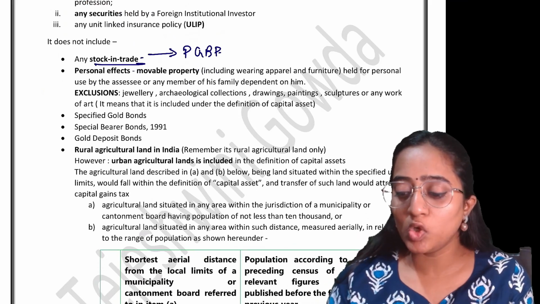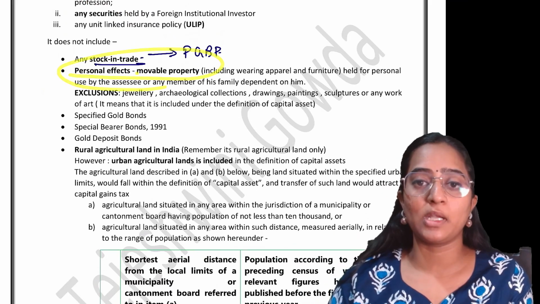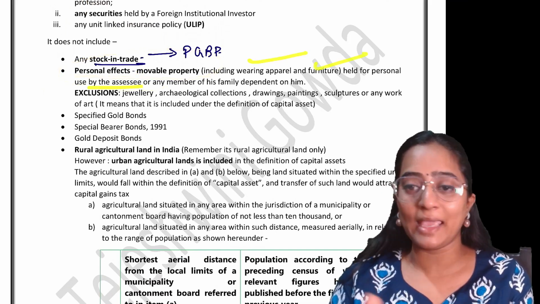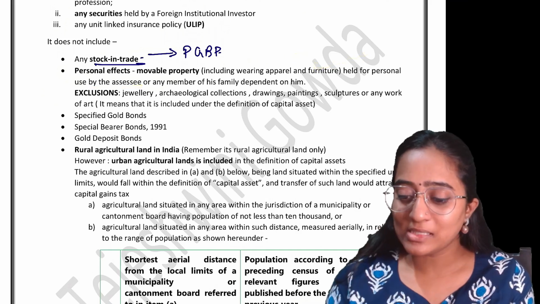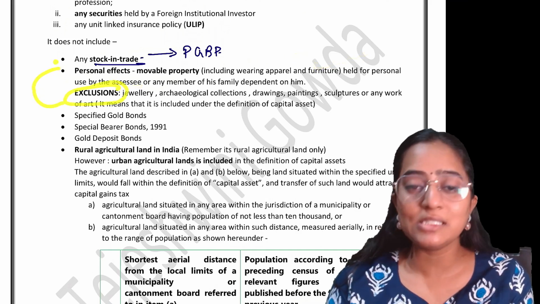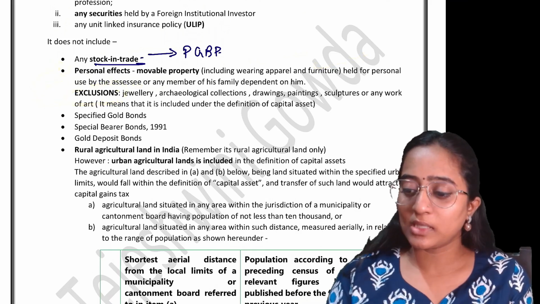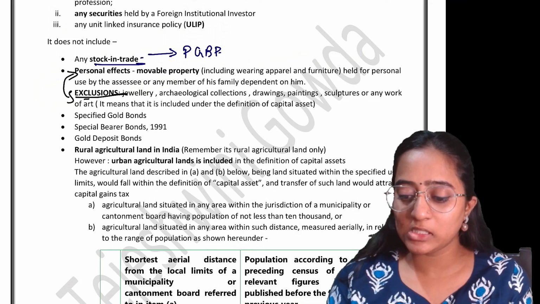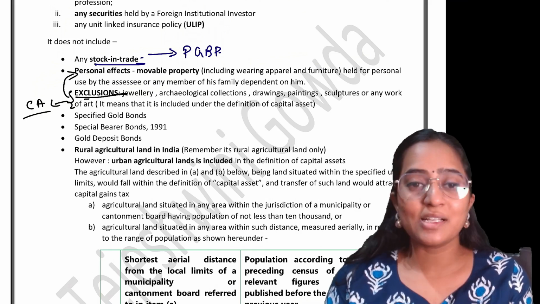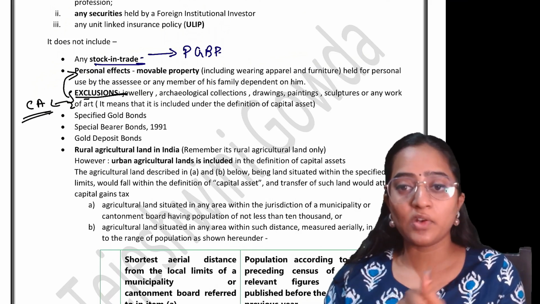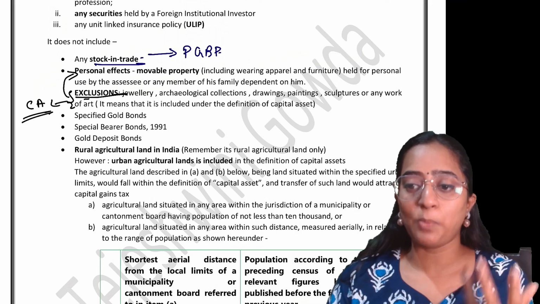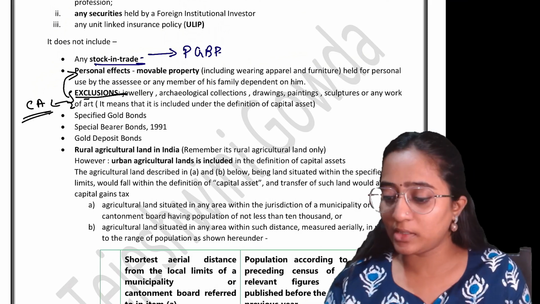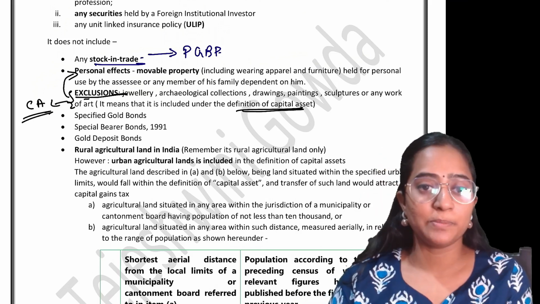Now we are going to exclude the personal movable property, that is furniture, car, etc. But there is an exception to this exclusion: the following will be considered as your capital asset, that is jewelry, archaeological collections, drawings, paintings, sculpture, work of art. These come under the definition of capital asset, remember.